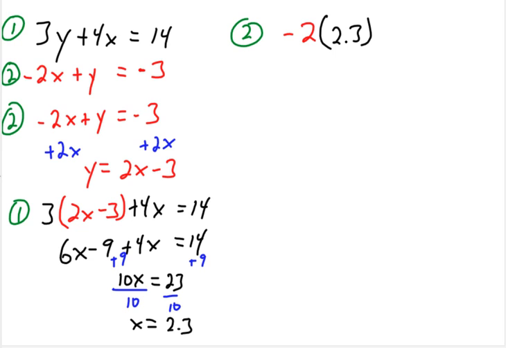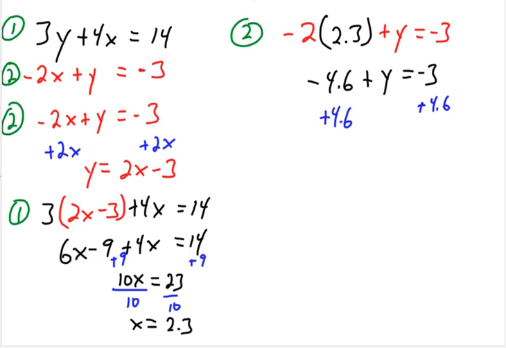Negative 2 times 2.3 plus y equals negative 3. Now I can do some multiplication here. Negative 2 times 2.3 is negative 4.6 plus y equals negative 3. Now I'm going to add 4.6 to both sides, and I figure out that y equals 1.6. And so now I have my answer.